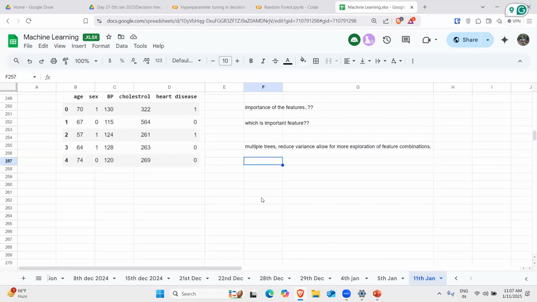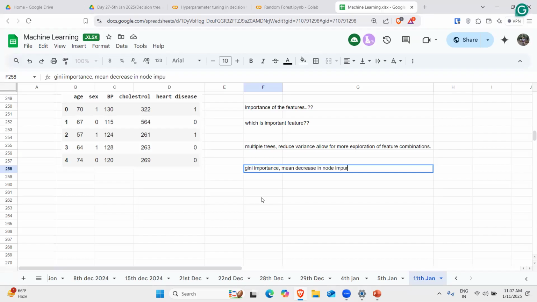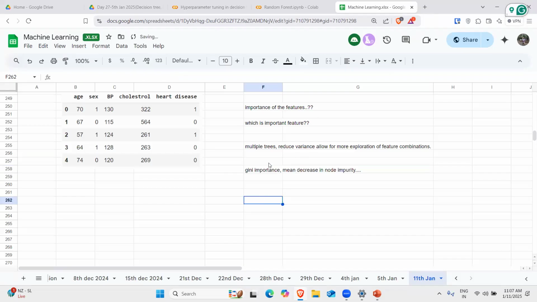The importance of features in random forest is sometimes called Gini importance, or mean decrease in node impurity. And it is weighted by the probability of reaching that node, which is approximated by the proportion of samples. So basically, let's not go into much depth of this.